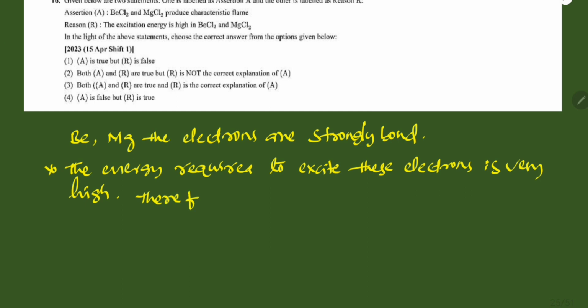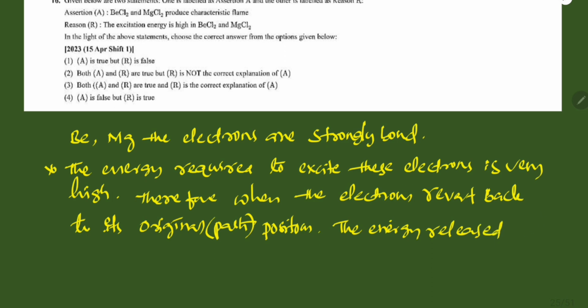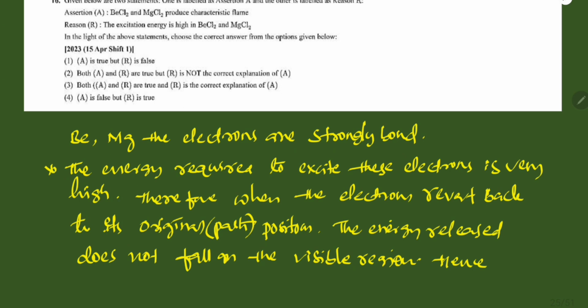Therefore, when the electrons revert back to their original position, the energy released does not fall in the visible region. Hence, no color in the flame test.